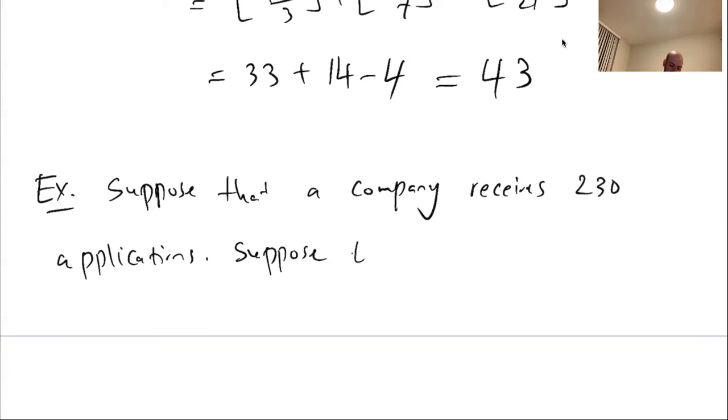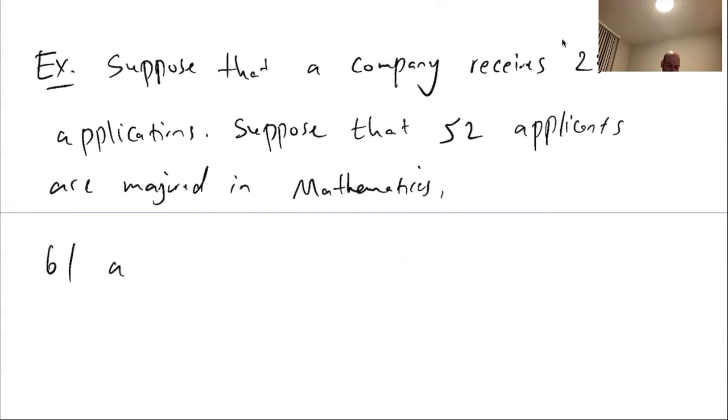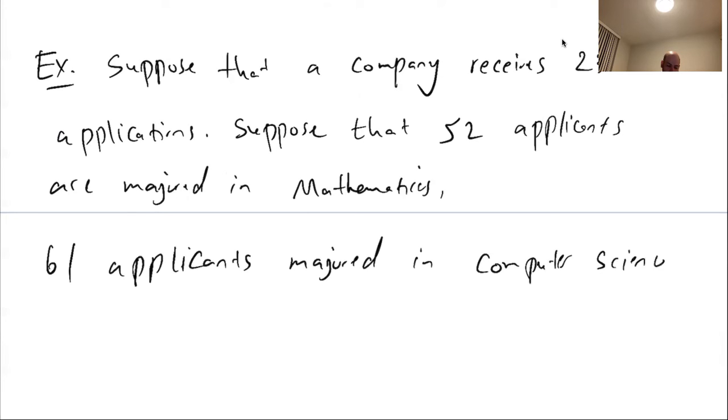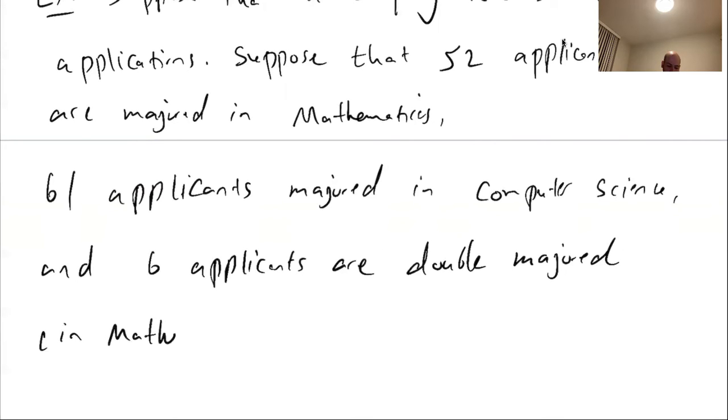Suppose that 52 applicants are majored in mathematics, 61 applicants majored in computer science, and 6 applicants are double majored in mathematics and computer science.